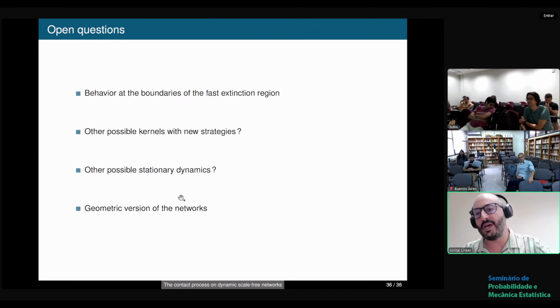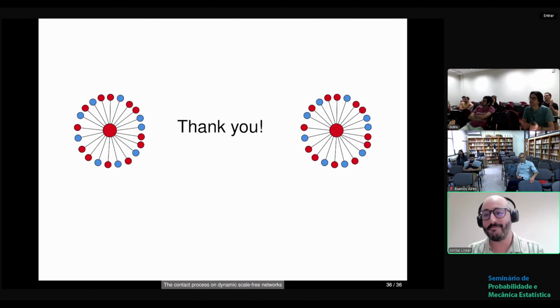And of course, a very different direction is to consider the geometric version, which has been done partially with random connection models by the probability group associated with Peter Mörters and his postdocs and PhD students. So thank you very much.